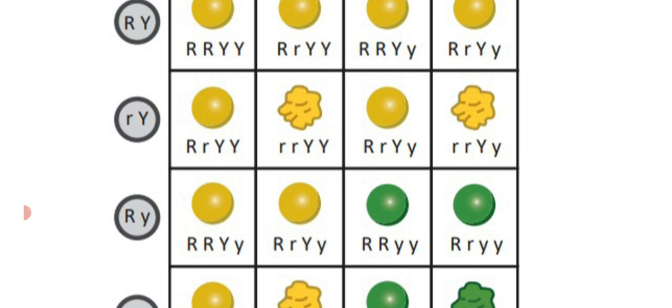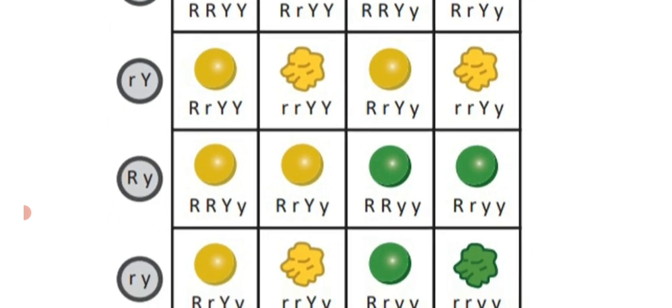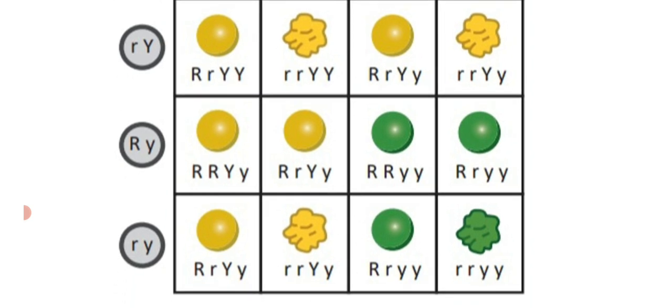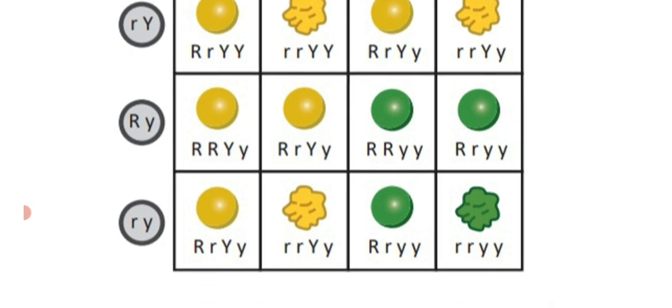Okay. Then the next three show one dominant trait and one recessive trait. See the wrinkled yellow, small rr is there, capital YY is there. So small rr is the recessive trait, capital YY is the dominant trait. So 3 with one dominant trait and another one the recessive trait. Likewise, see the round green seeds.